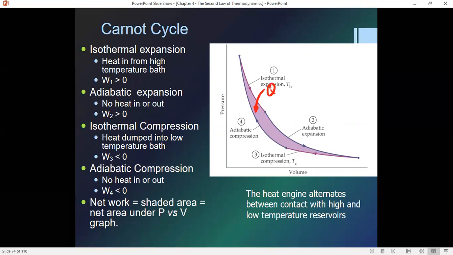We just allow the gas to adiabatically expand, so the temperature drops. Part three, we take heat out of the system. And then part four, we're allowing adiabatic compression, so the gas is heating back up, converting work into internal energy.